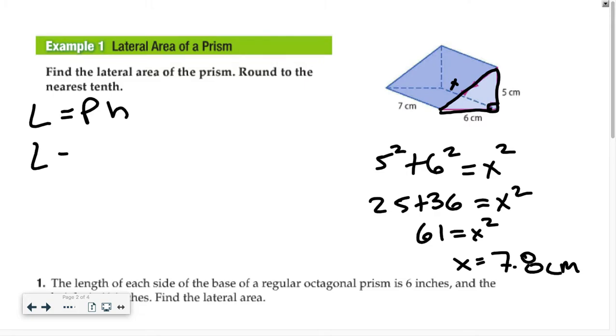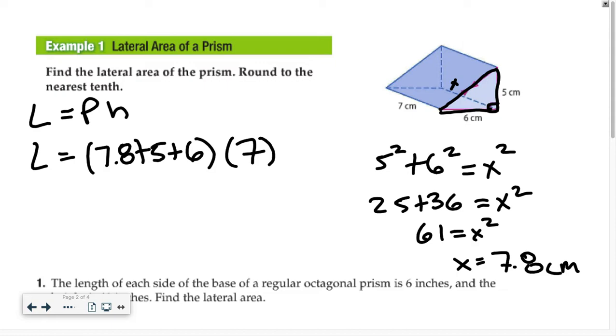So lateral area, perimeter of the base, add all the sides together, 7.8 plus 5 plus 6, that is 18.8. 7.8, the hypotenuse, plus 5 plus 6 is the perimeter of the base, and then we're going to multiply it by the height.